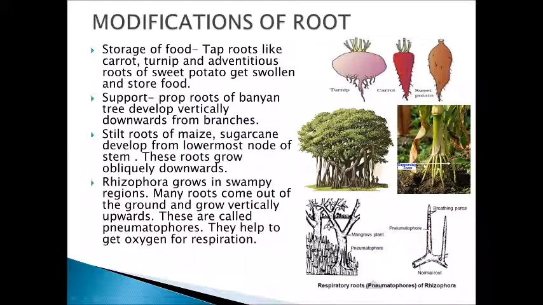Through these openings, the air enters inside, and the roots which are under the soil in the waterlogged region get oxygen for respiration. So these are called breathing roots, or by the special name pneumatophores. These are the special roots for respiration.